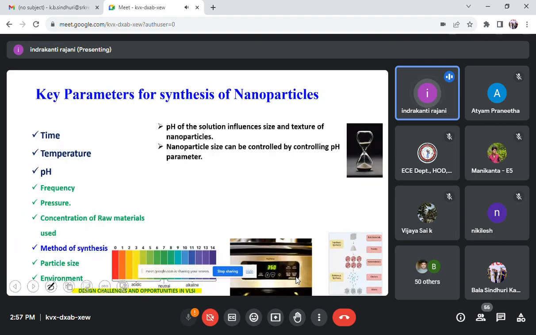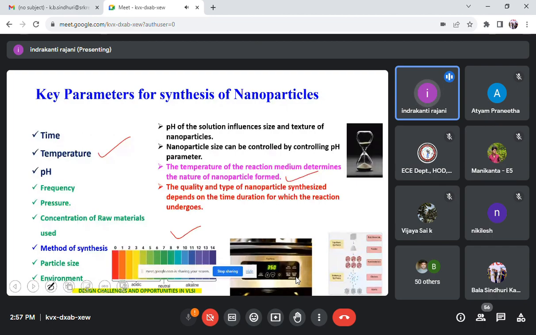The most important factor we have to consider is the pH of the solution. By controlling the power of hydrogen, the pH value, you can control the size of the material. The second one is the temperature of the reaction medium, which determines the nature of the nanoparticle formed, like is it 1-dimensional, 2-dimensional, 3-dimensional, spherical shape, square shape, dot shape, whatever size or shape you require, you have to have control on the temperature.